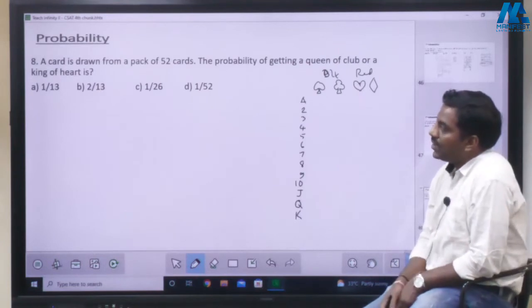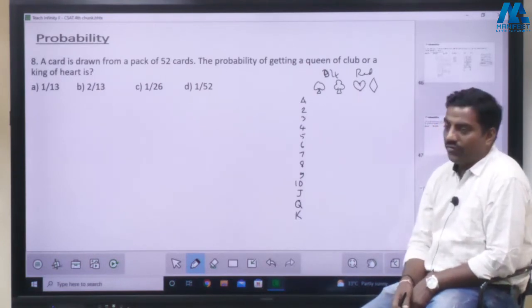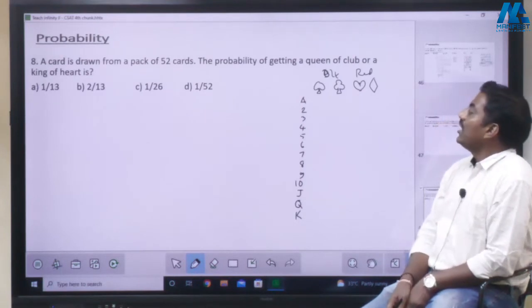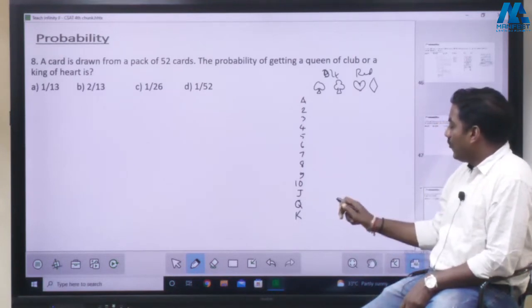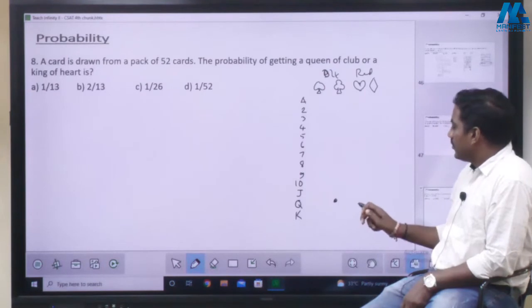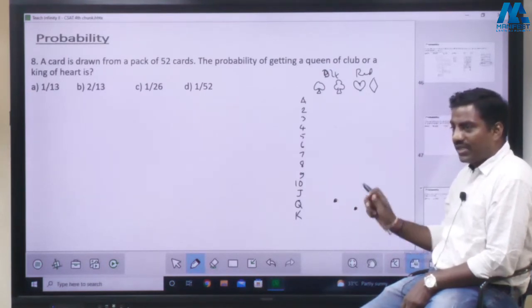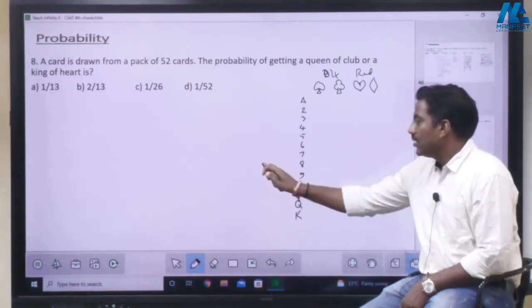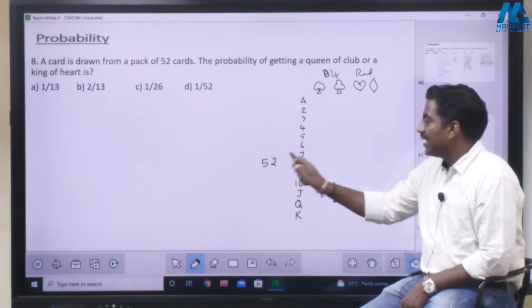Now, a card is drawn from a pack of cards. The probability of getting Queen of Clubs or King of Hearts. Either you have to get this or this. How many cards are there totally? Totally 52 cards are there.